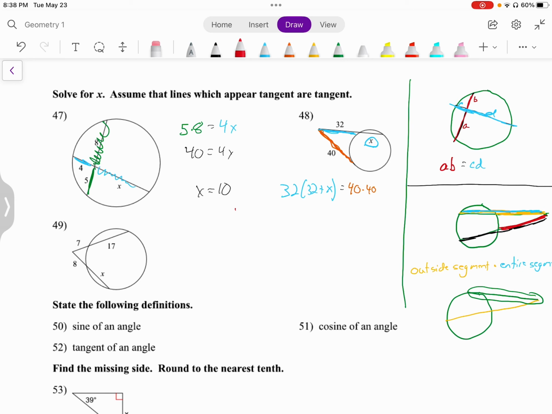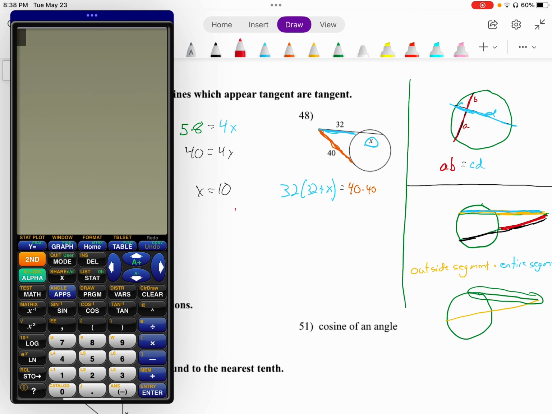So we need to solve this. We're going to distribute. So we get 32 times 32, which is 1024, plus 32x equals 40 times 40 is 1,600. Subtract 1,024 from both sides.